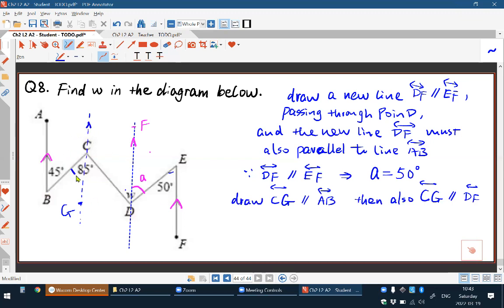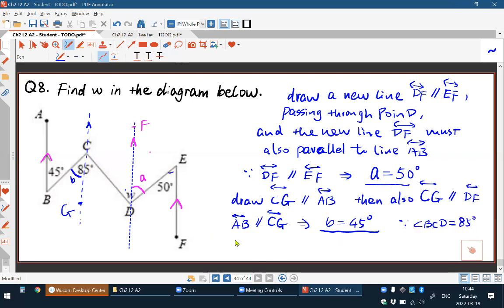Okay, so let's call this angle here B, because AB is parallel to line CG. That gives us angle B is an alternate interior angle to 40 degrees, right? So that means B must equal 45 degrees. Okay, so angle BCD is 85 degrees.